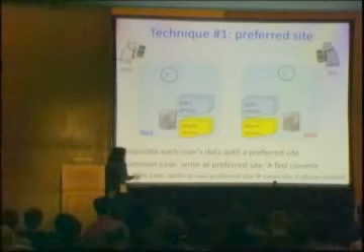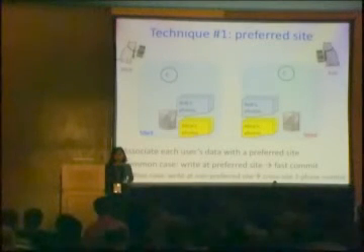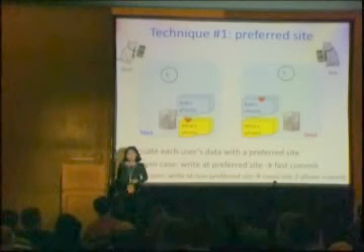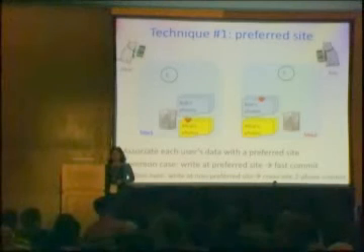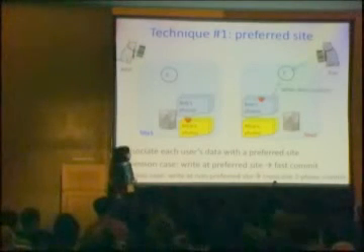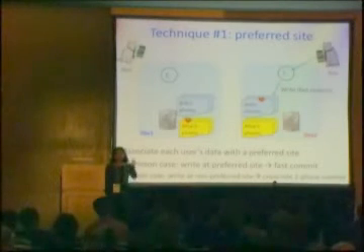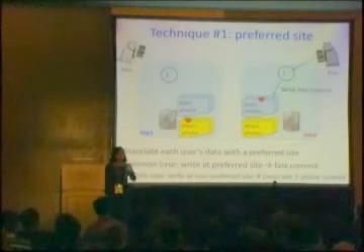So I'm going to associate each user's data with a preferred site. For example, I'm going to associate Bobcat's data with site 2 and Alice Cat's data with site 1. So when Bobcat logs into the system, he gets redirected to site 2, where he will be adding photos to his album and editing the photos and so forth.